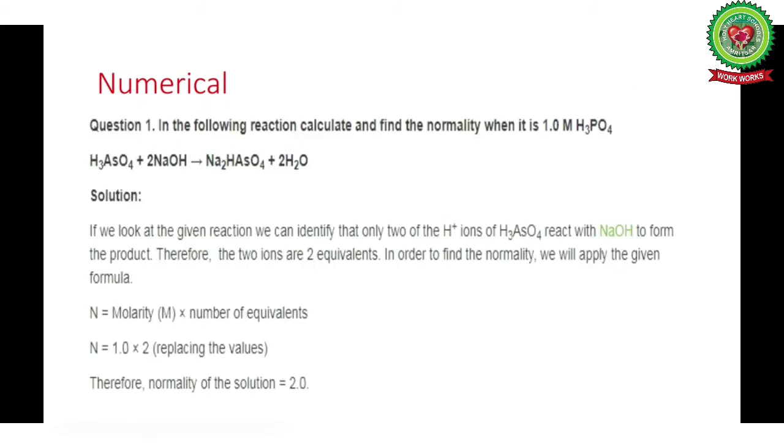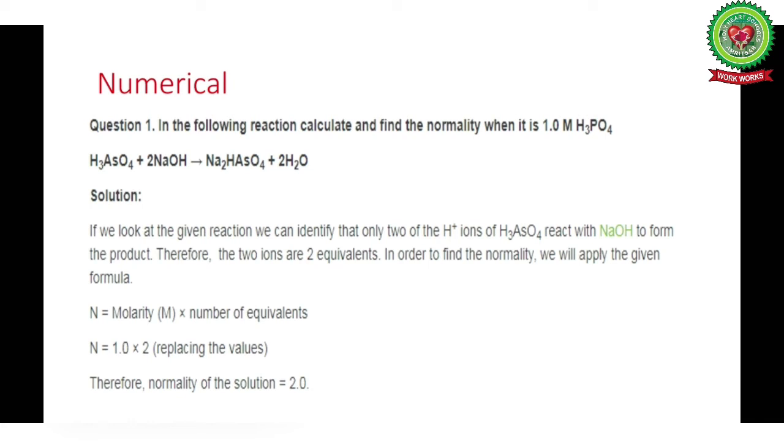Here we are going to discuss the next numerical. In the following reaction, calculate the normality when it is 1 molar phosphoric acid. Here the equation is given. According to the equation, the H positive ions given by phosphoric acid are 2 only.